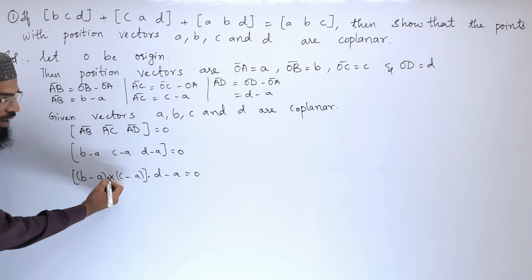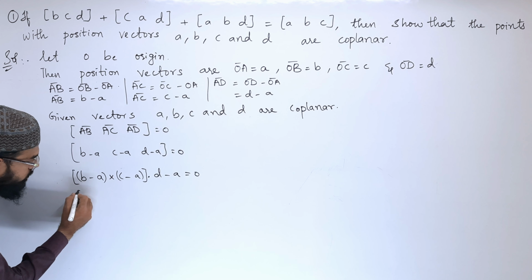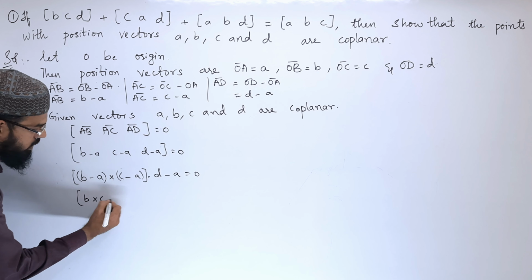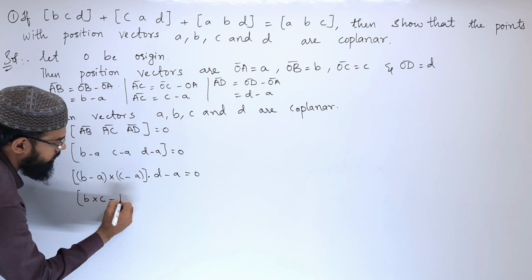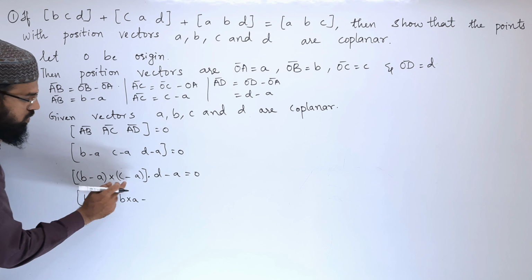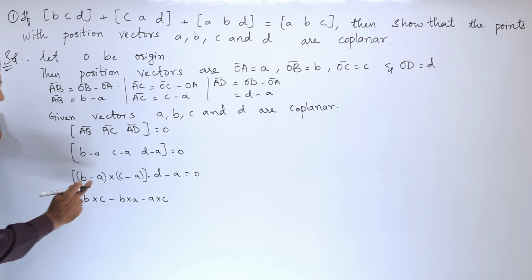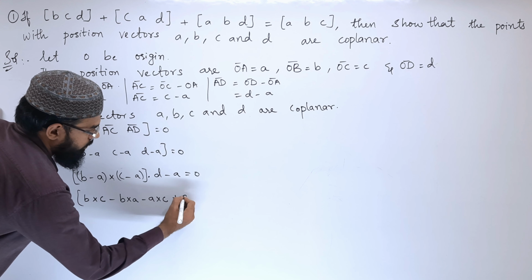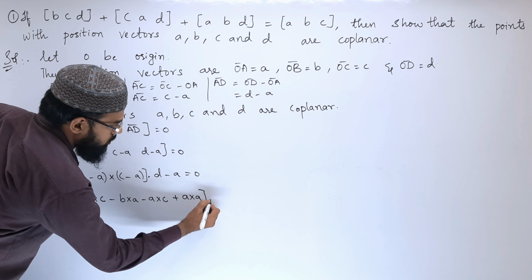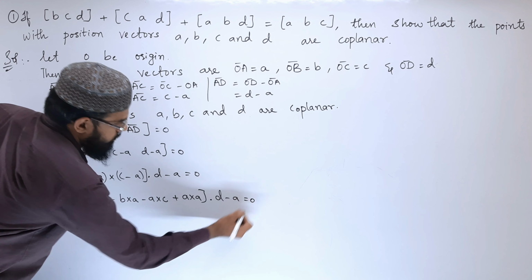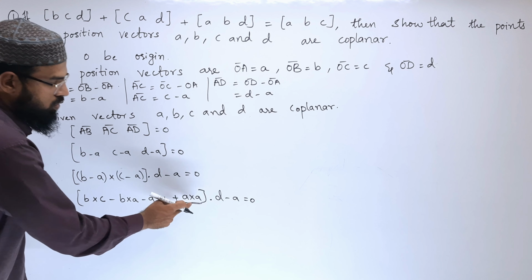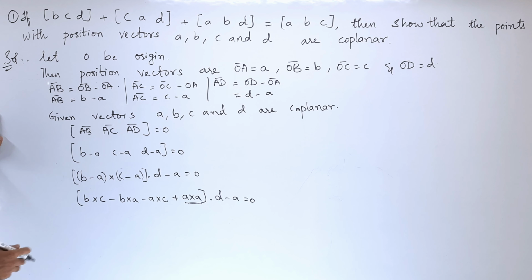Next, we will find the cross product of this: B cross C, minus B cross A, minus A cross C, plus A cross A, dot D minus A. Here A cross A will be 0, since the cross product of a vector with itself is 0.